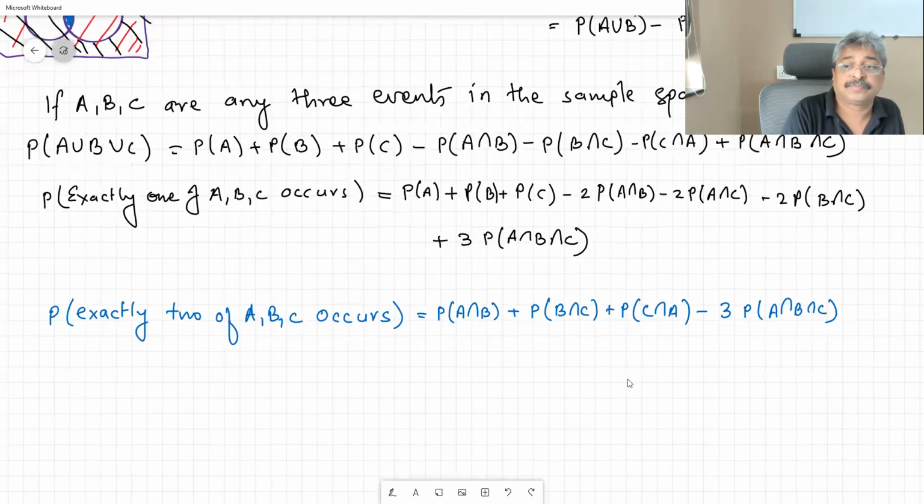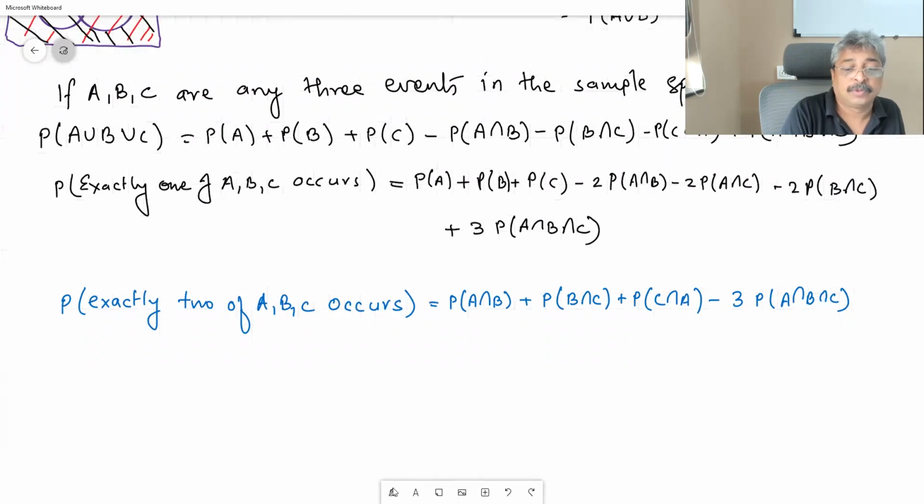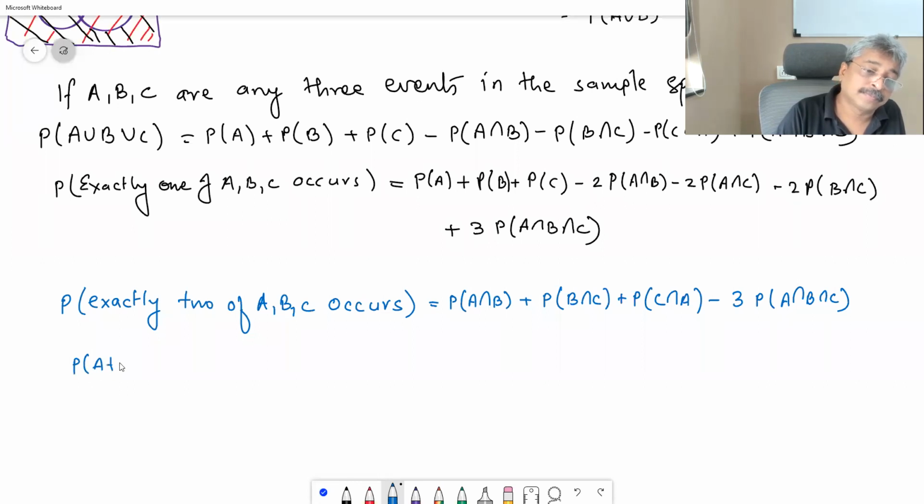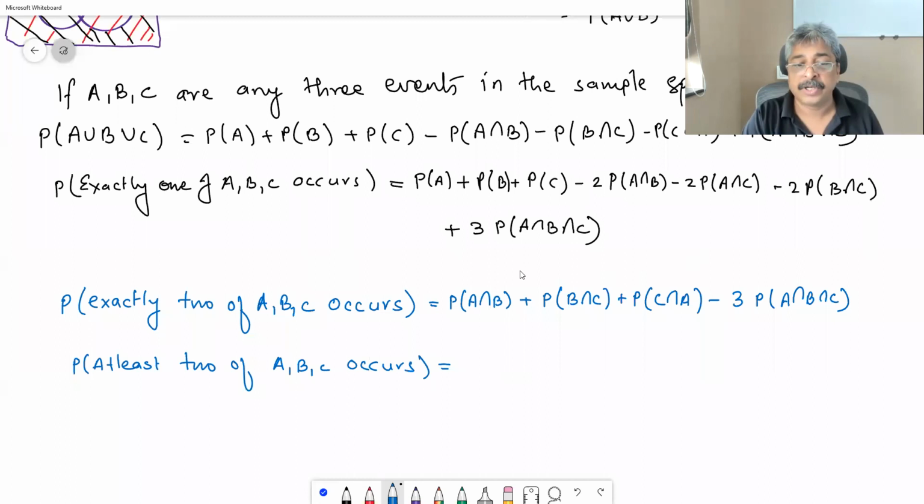Next, probability of at least 2 of A, B, C occurs. Meanwhile, I will draw the diagram for the first one.